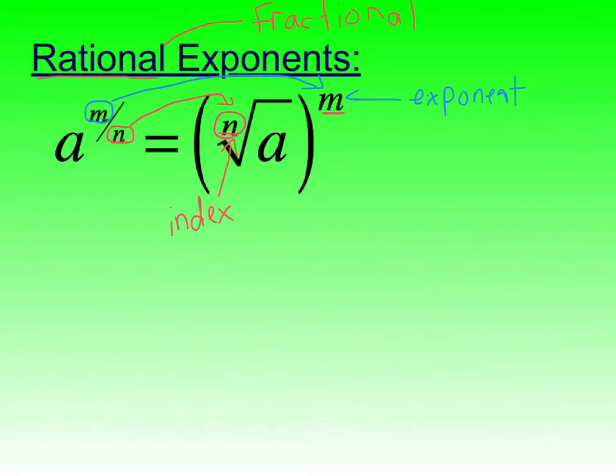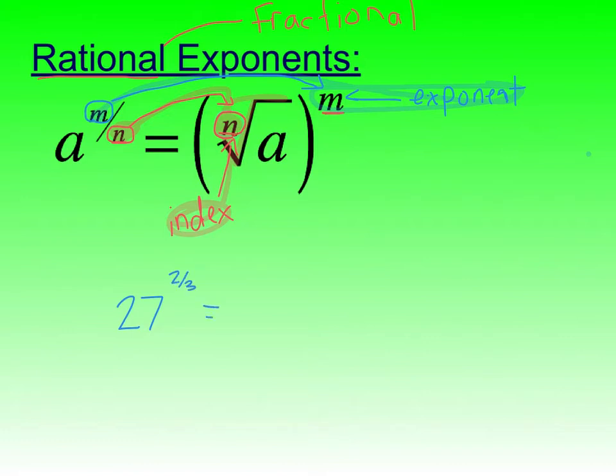Okay, so again, if I have a number, the numerator becomes the exponent. The denominator becomes the index of a radical. So let's take a look at one that'll work. It's 27 to the 2/3 power.